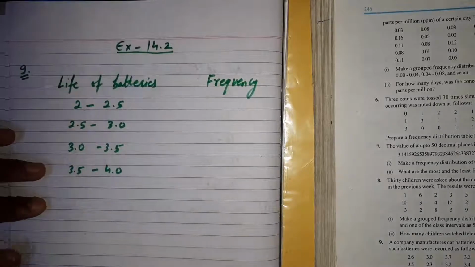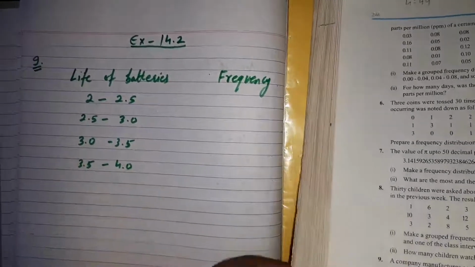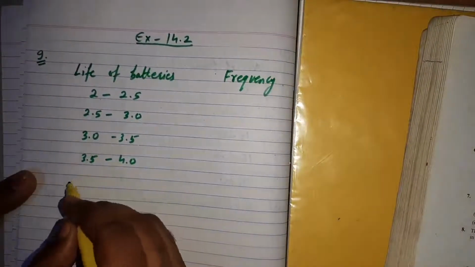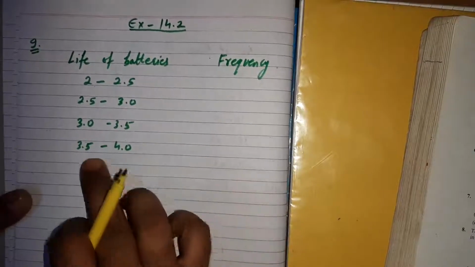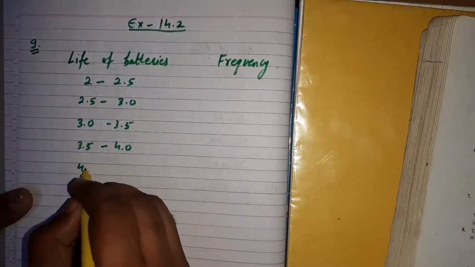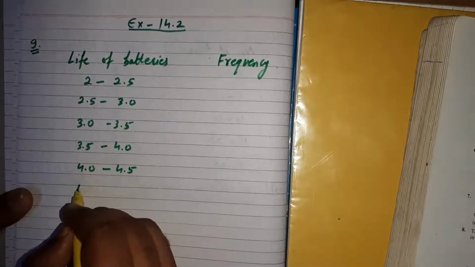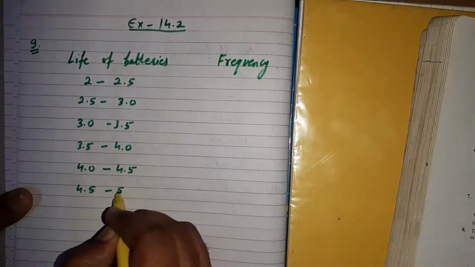And here the maximum number is 4.6, so after 4 to 4.5, the last class interval will be 4.5 to 5.